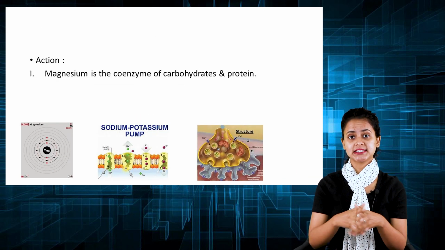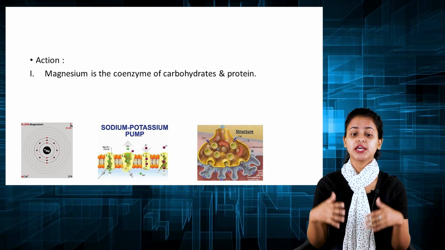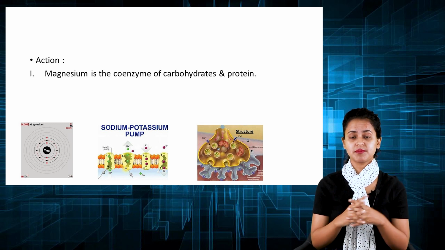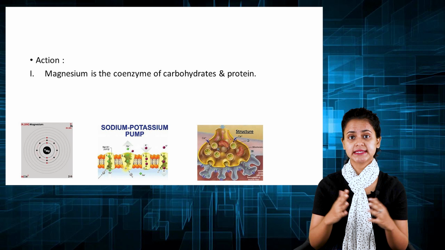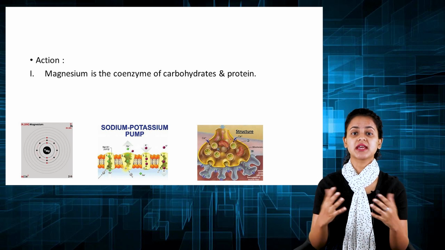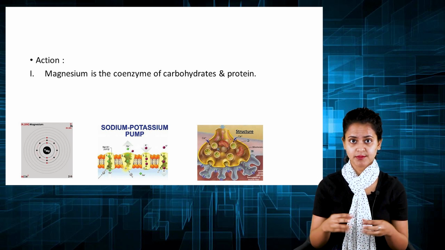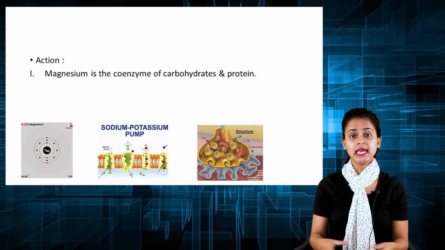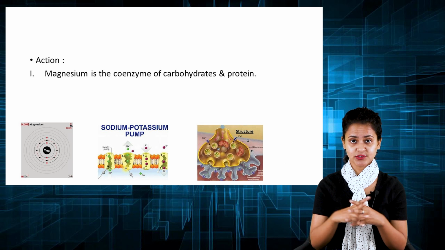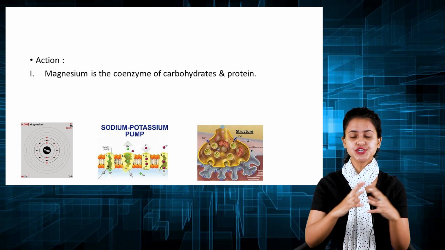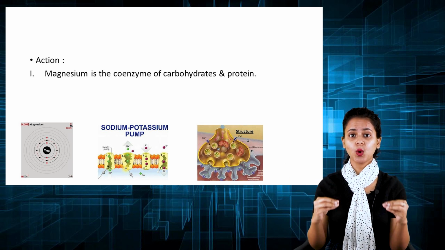The action of magnesium includes that it is considered to be a coenzyme for protein and carbohydrate metabolism. In the protein and carbohydrate metabolism which is going on in the cellular way, the magnesium will be working as a coenzyme.